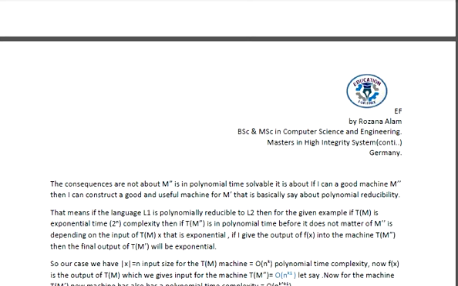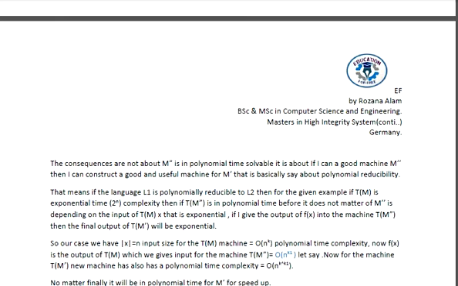But finally, when we construct a machine T of M prime, it will also be exponential. Because the input depends on the size n, whatever size we give as input to my first machine, I will get the output depending on that machine only. So that is the exceptional case.